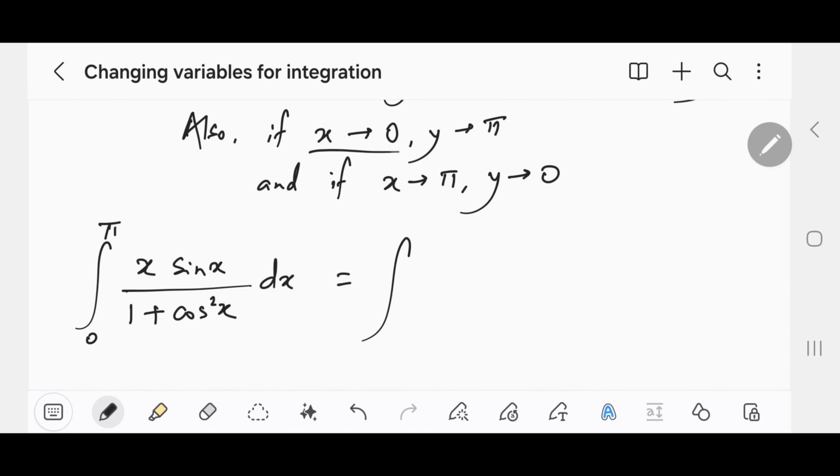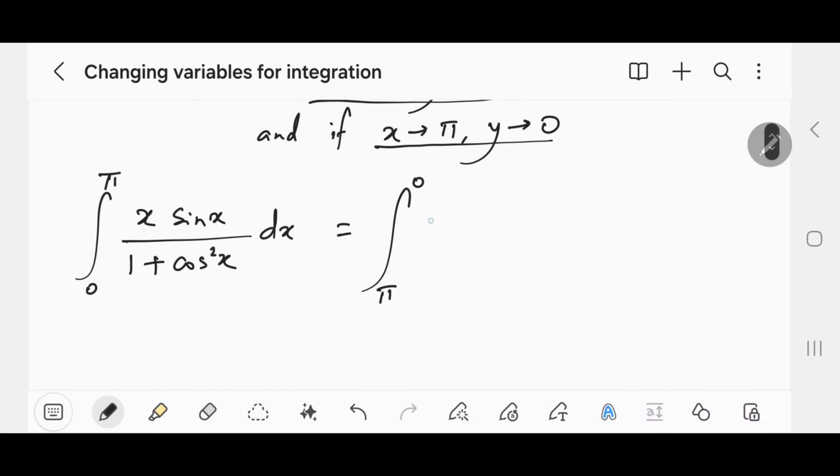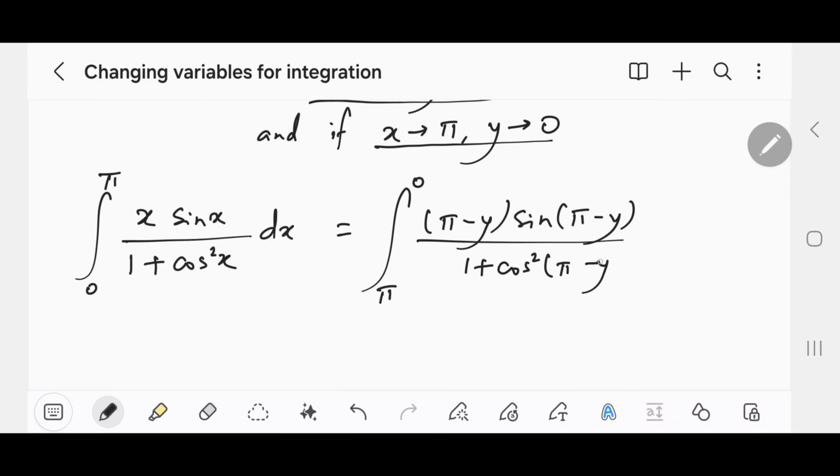Because when x tends to 0, y tends to pi, and when x tends to pi, y tends to 0, and x should be written as pi minus y, sine of pi minus y divided by 1 plus cos square of pi minus y, and dx is minus dy.